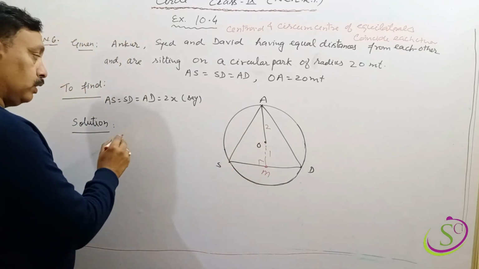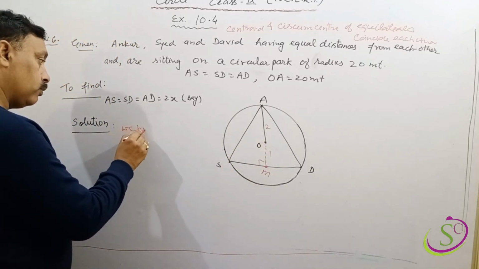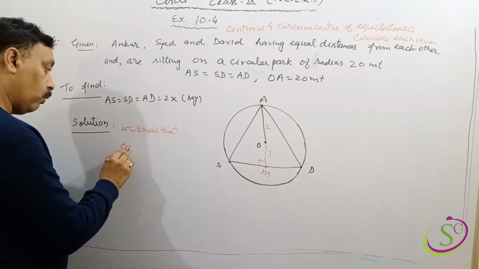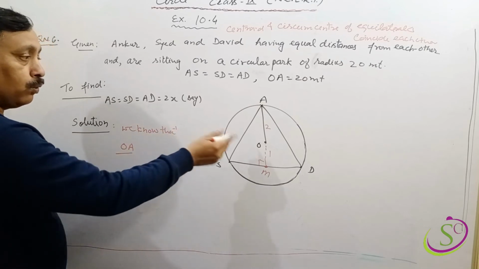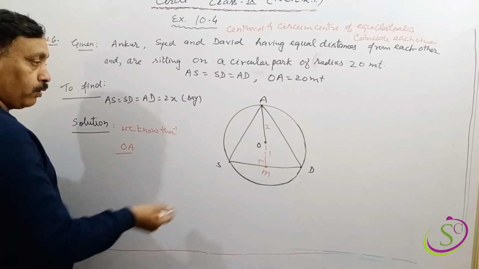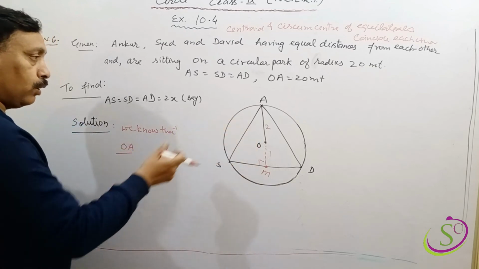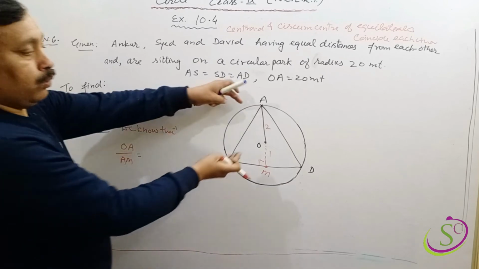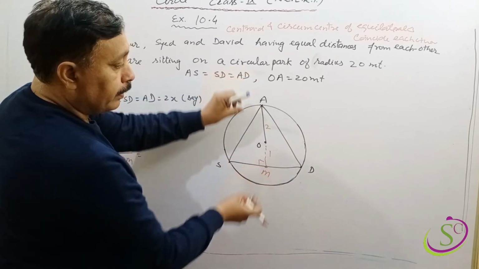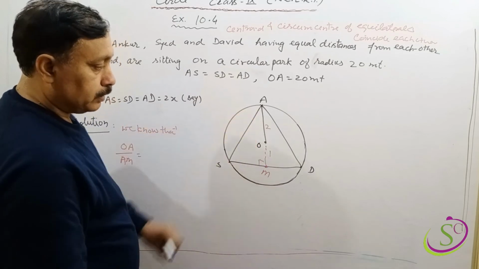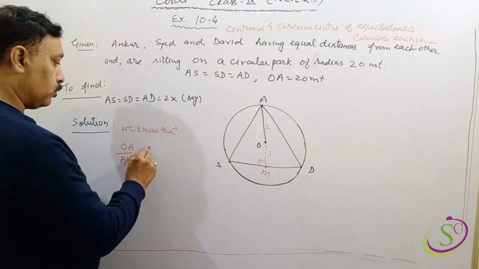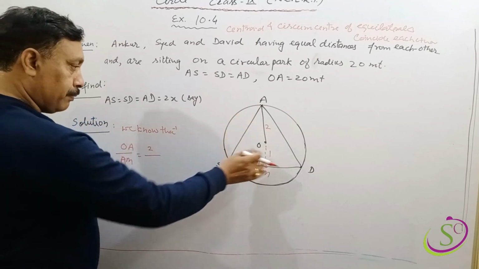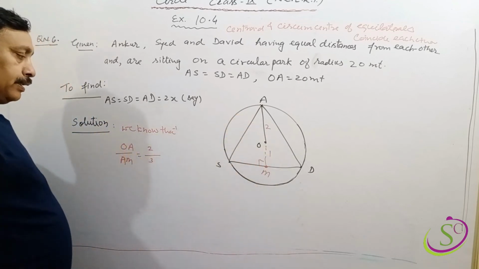So here we know that OA upon OM, or OA upon AM. Like 2 parts is this, 1 part is this. So OA is 2, but AM, 2 parts is this, 1 part is this, is 3.